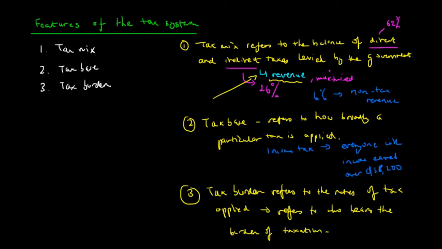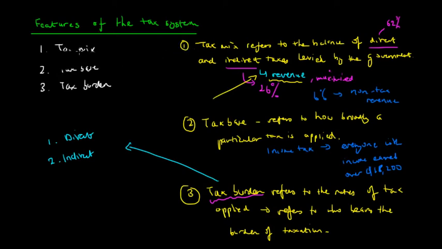We can look at tax burden in two ways: either 1, direct taxation, or 2, indirect taxation. With direct taxation, the tax burden is fairly obvious. It is applied as income tax on households and company tax on businesses. That's fairly straightforward. But indirect taxation can be a little trickier, so we're going to look at an example of how tax burden can affect indirect taxation.